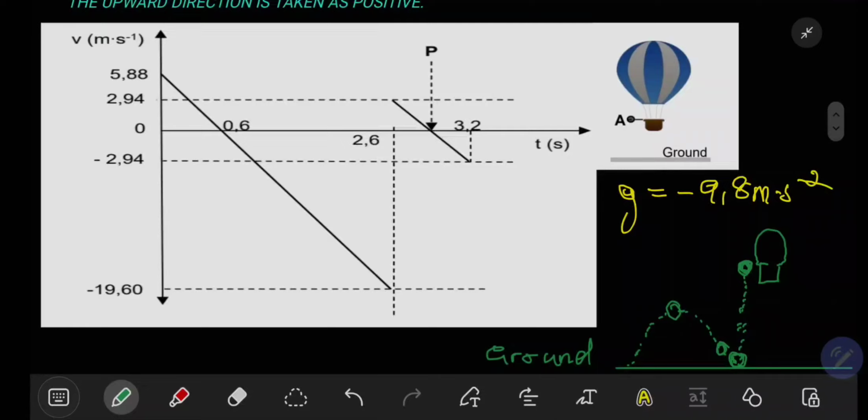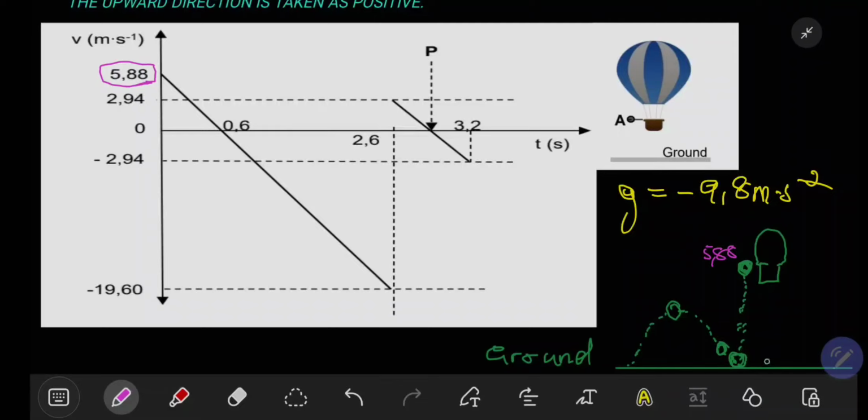So I want to show you the motion of the ball on this graph. The initial velocity where the graph starts, 5.88, was the velocity of the hot air balloon that the ball was moving at. So the velocity here is 5.88 meters per second, and then it took 0.6 second for the velocity to be 0, and then it started decelerating, it's going down.